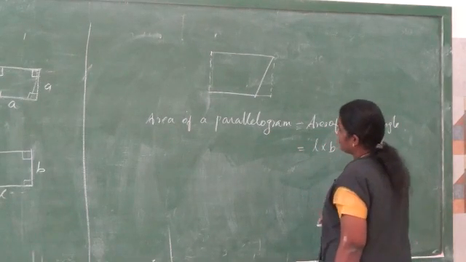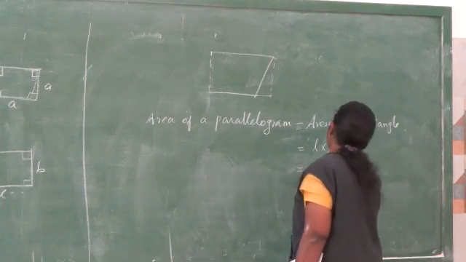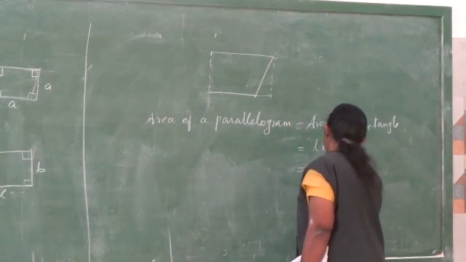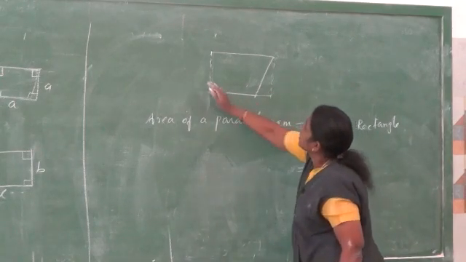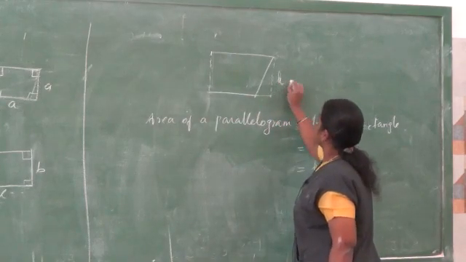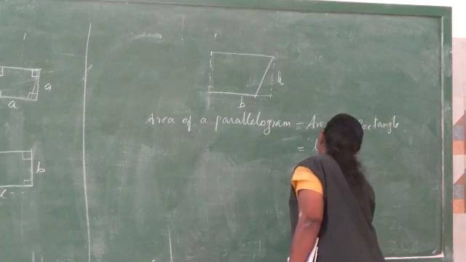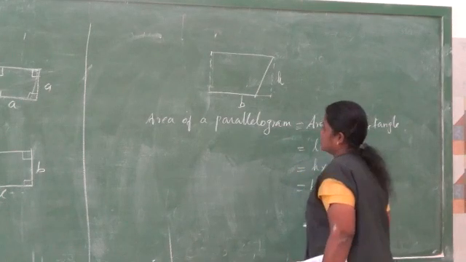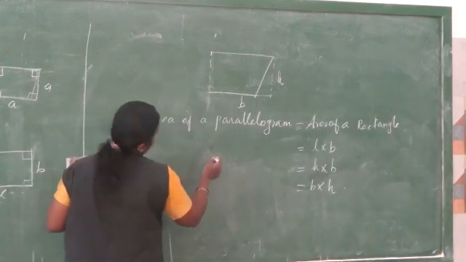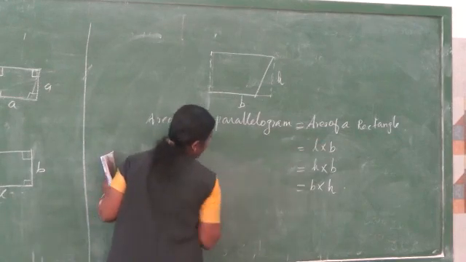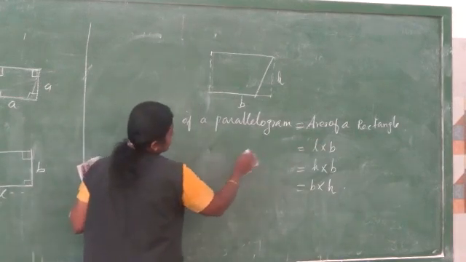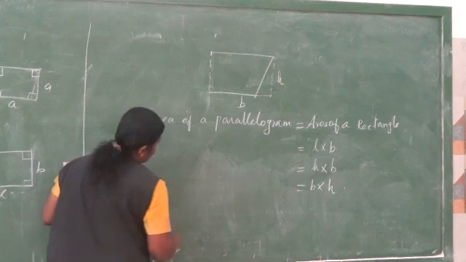L into B. Instead of L, I am going to write here H because height only we pasted here. So this is a height, this is base. So H into base, so B into H. So area of a parallelogram is equal to area of the rectangle.